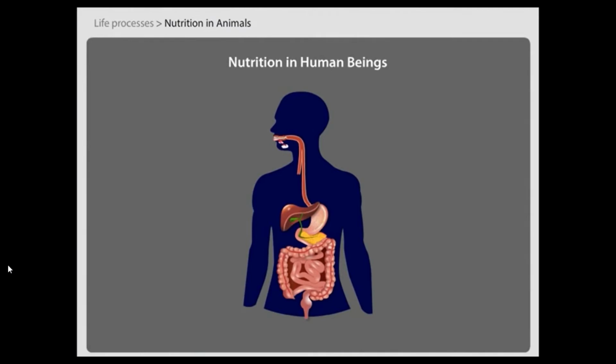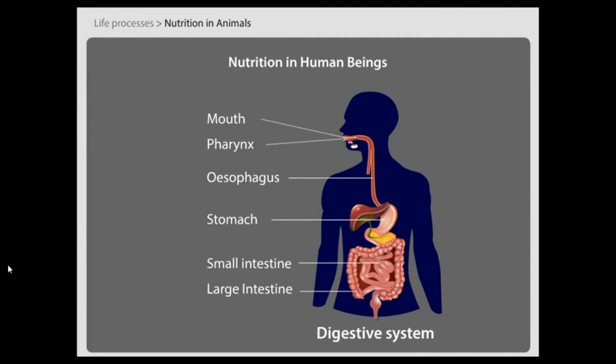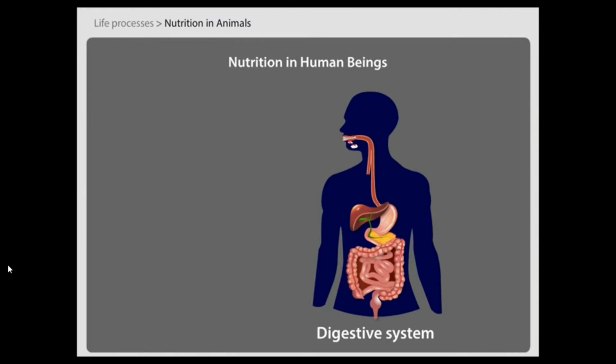The human digestive system consists of organs such as mouth, pharynx, esophagus, stomach, small intestine and large intestine. These organs together form the alimentary canal. The human digestive system also contains glands such as salivary glands, liver and pancreas.